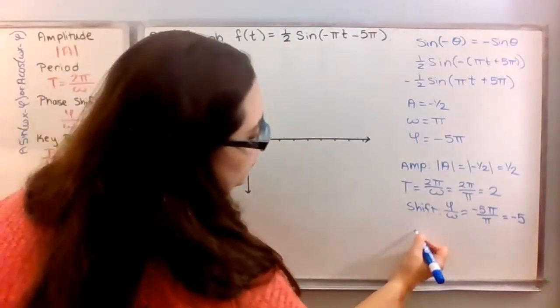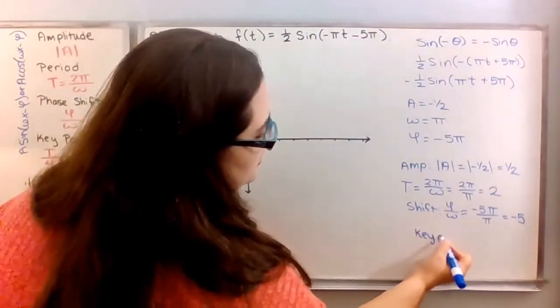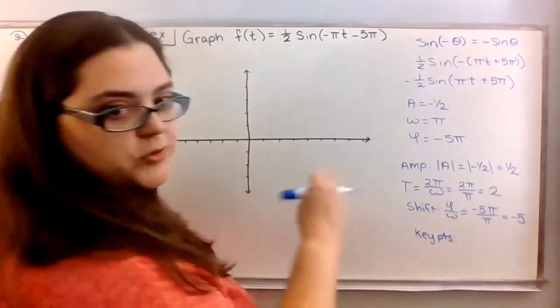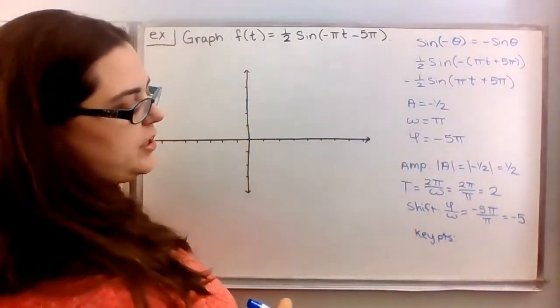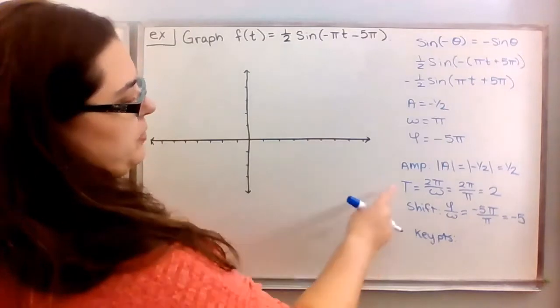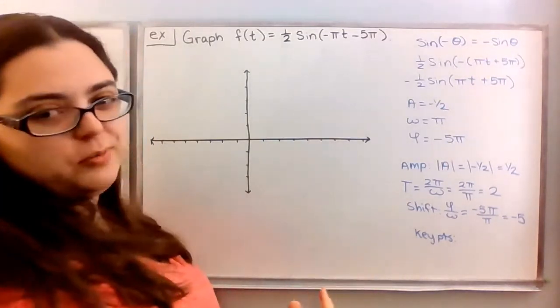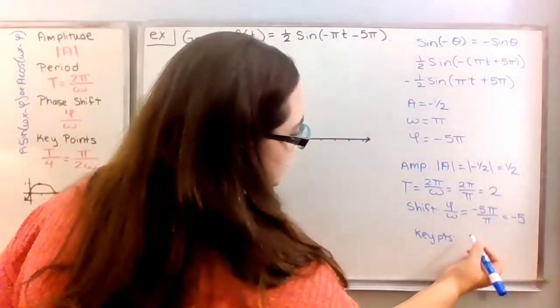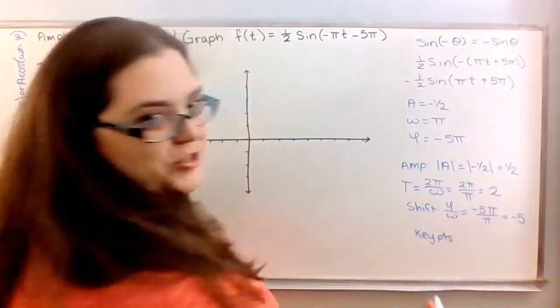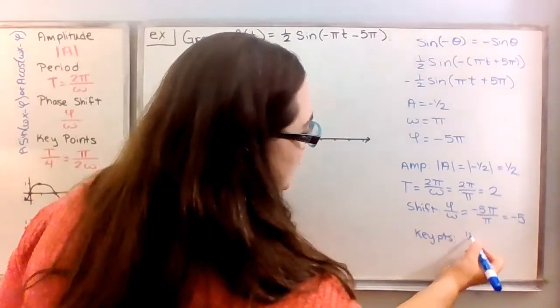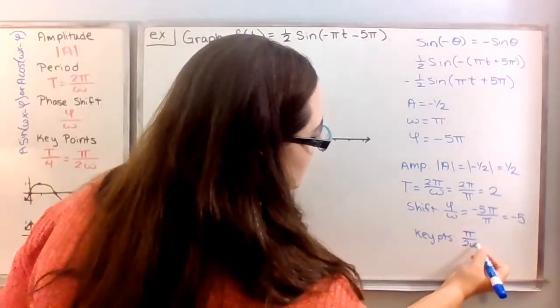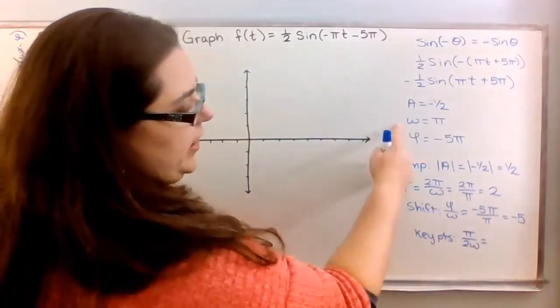And then our key points, this tells us how far to space out those points we graph for sine and cosine. We can use either the period divided by 4 or pi over 2 omega. I'm going to use pi over 2 omega. You can use what you like, as long as it's one of the two correct formulas. So omega is pi.